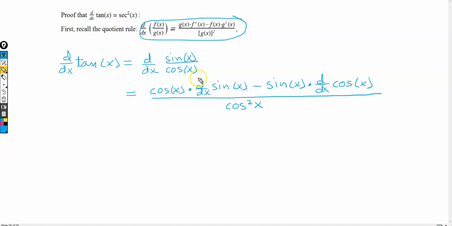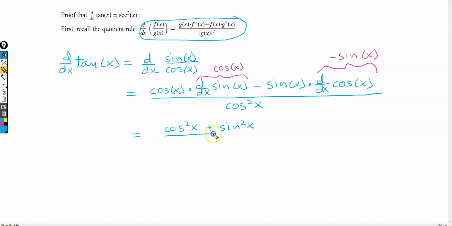Now the derivative of sine here, that's cosine x, and the derivative of cosine is negative sine x. And so substituting those in, we get cosine squared x plus sine squared x.